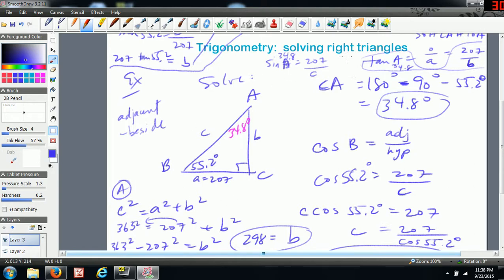So that's what I mean by there's more than one way to solve this triangle. There's so many ways to solve right triangles. So doing this here using angle A would give you the same answer, but you would just be using different trig functions, and your ratios would look different because you have to follow the rules when you're setting up these ratios, okay? So that is solving right triangles.